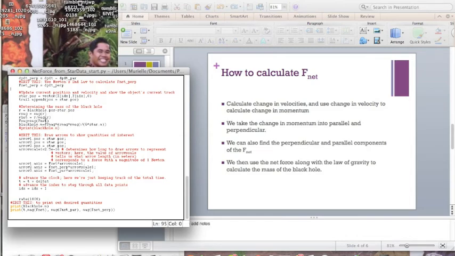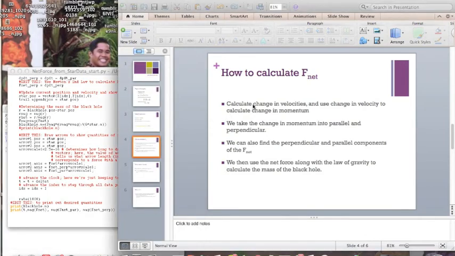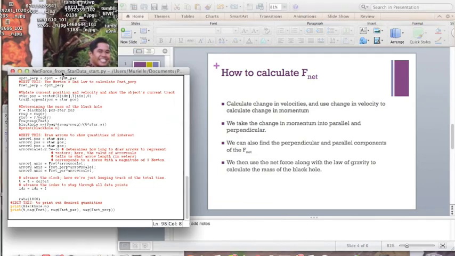From there, we must take the magnitude of the net force as well and find that the black hole's mass is equal to the magnitude of the F net times the radius squared, which is the distance squared, divided by the gravitational constant times the star's mass. We are also able to update the arrows as well. This can be seen as I run my code.